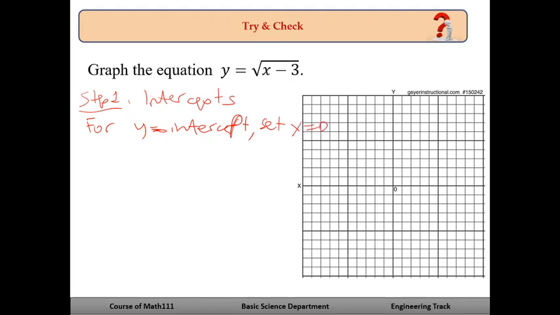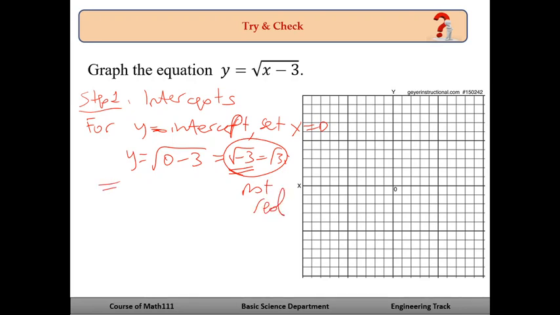So when you set x equal to 0, you get y equal to square root of 0 minus 3, so y is equal to square root of negative 3, which makes square root 3 i. So this is not real. So you say no y-intercept here.